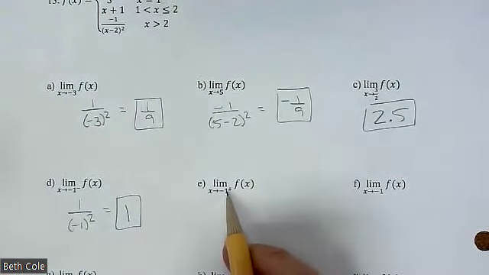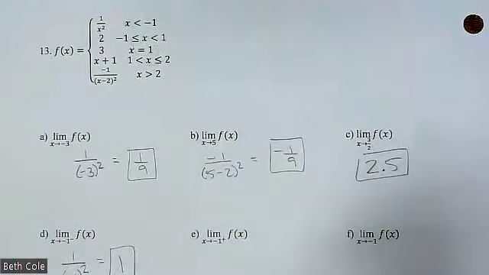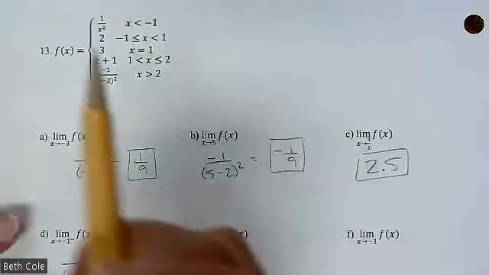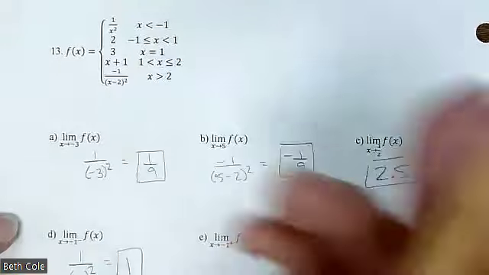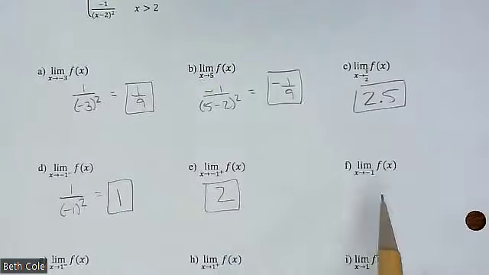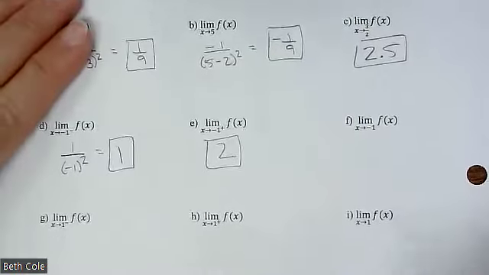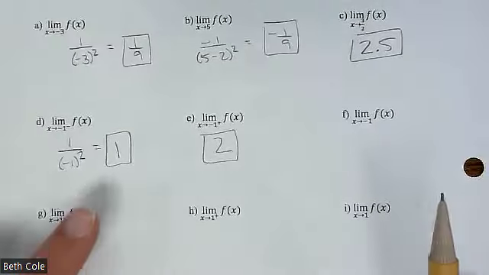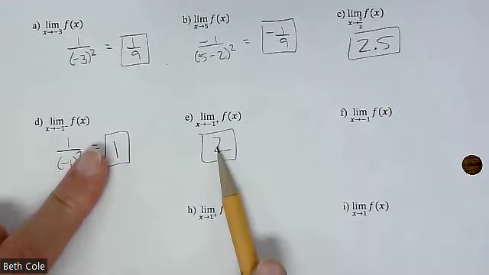Now we're going to do -1 from the right. So which piece of the function has numbers to the right of -1? Yeah, the second one, which there's nothing to plug in there. It's just 2. And then this says -1, but it's overall. I don't even need the equation at this point. Look, from the left, it was 1. From the right, it was 2.